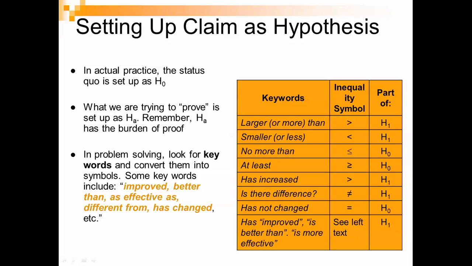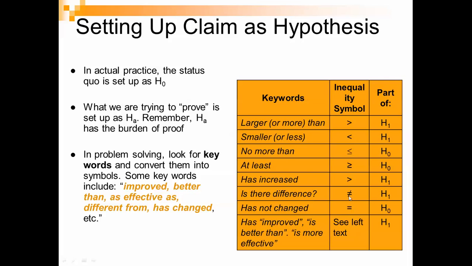Now, when we get the word problem, you're looking for keywords and you want to convert them into symbols. We have some examples here on the table, but some keywords include improved, better than, effective as, different from, has changed. So some of the keywords give you an indication of the inequality symbol or the equality symbol that you use. So is there a difference, or has not changed, or it has changed, or is there a change?